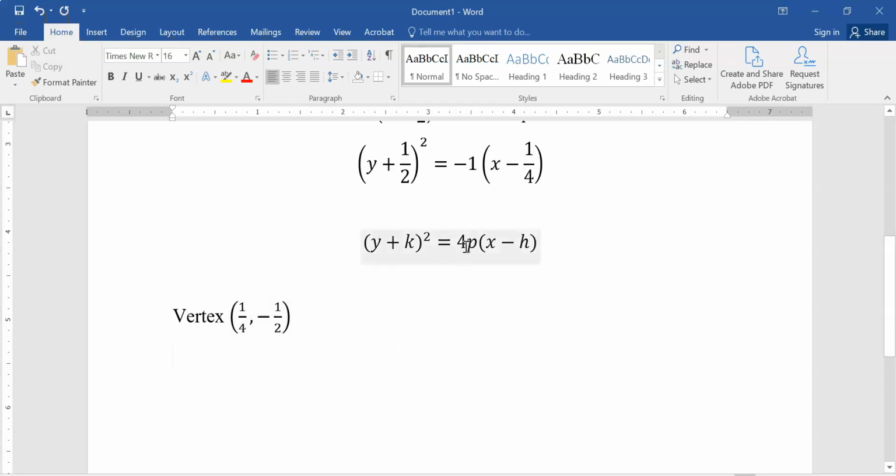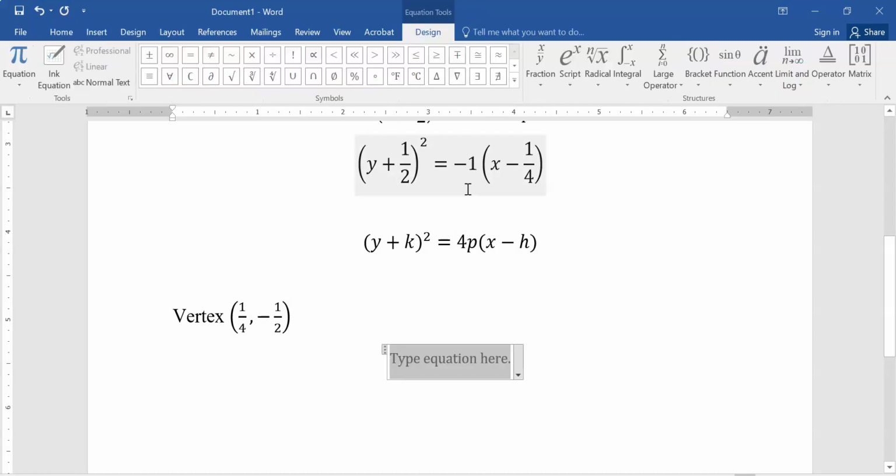The interesting thing is 4p has to be equal to -1. So if 4p is equal to -1, what does that mean about p? p has to be -1/4.